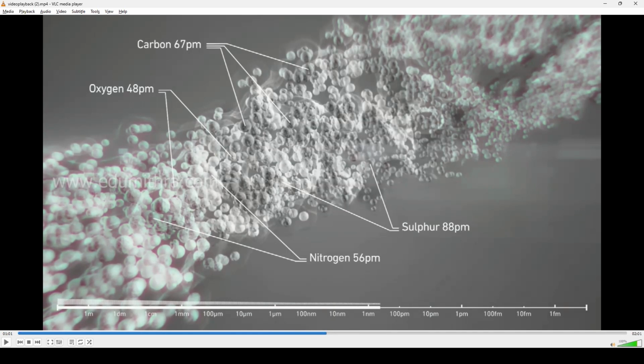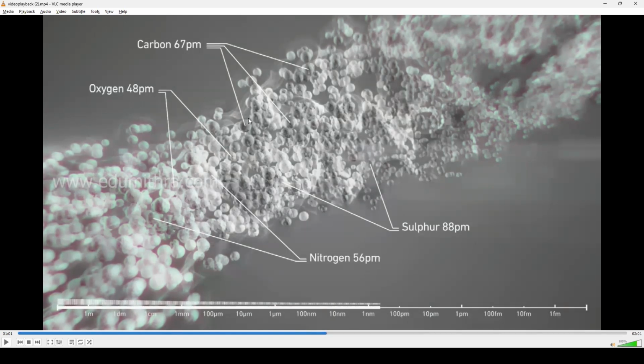So keratin is a molecule, but if you zoom in further, you will see individual balls. Those balls are carbon, oxygen, nitrogen, sulfur, and those individual balls are the atoms. Okay, so they are the atoms.